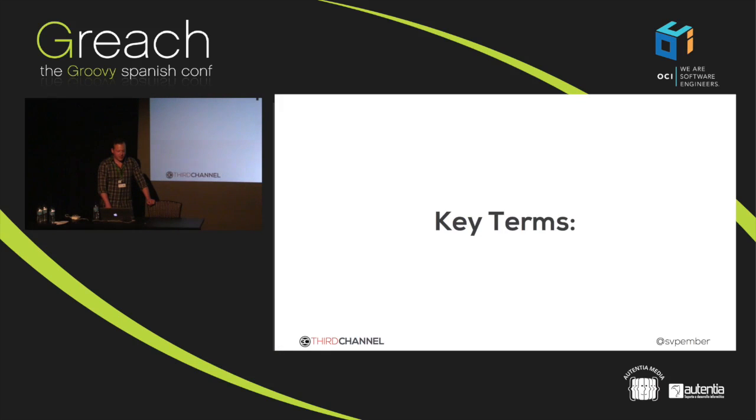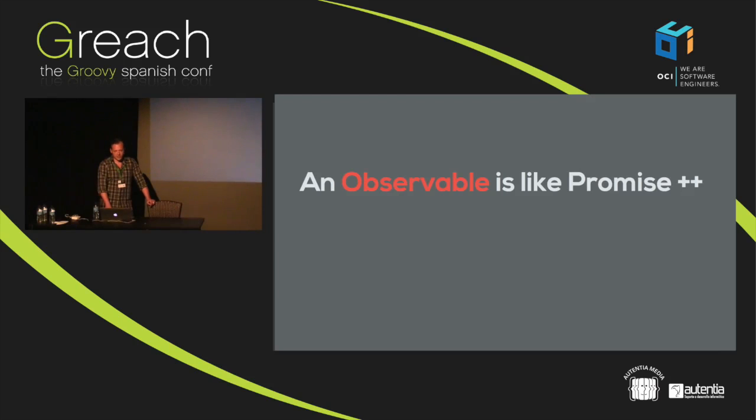So before we go any further, we should probably talk about some key terms. I've said the word observable a whole bunch of times now. An observable is like a promise plus plus. A promise or a future is a very useful construct for asynchronously accessing a single item. Observables are useful for asynchronously handling multiple items.